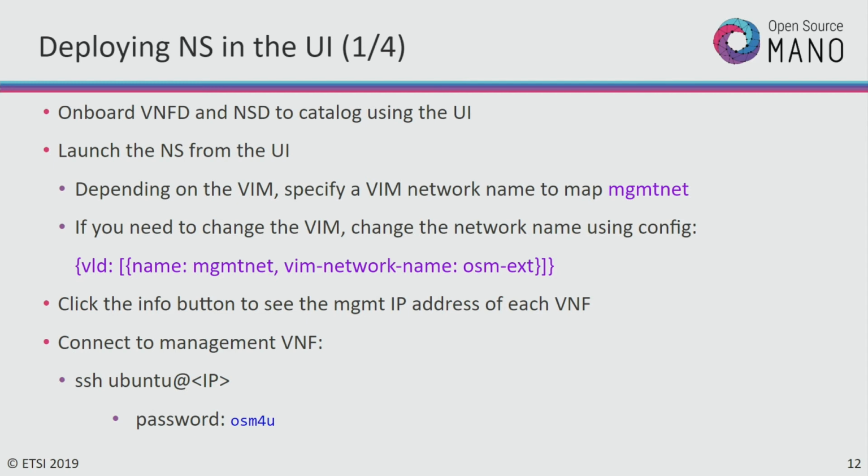Make sure that it's OSM external, as in this case. I think that the package already contains the network name as it is. So just launch it. I think that right now I'm going to delete all your previous VMs to free capacity of the VIM, but just launch it.